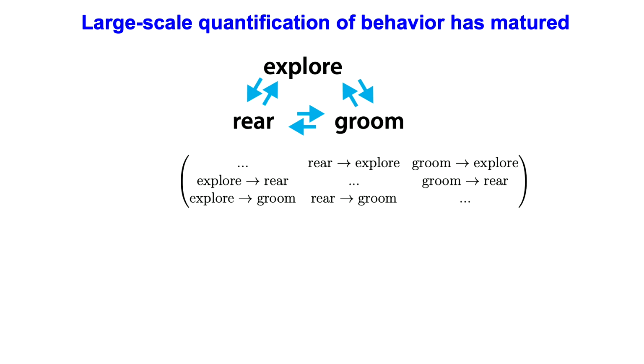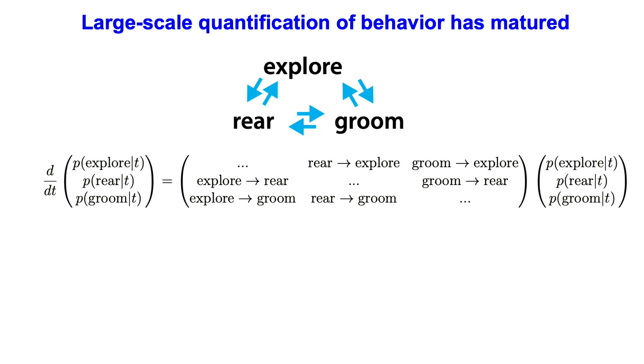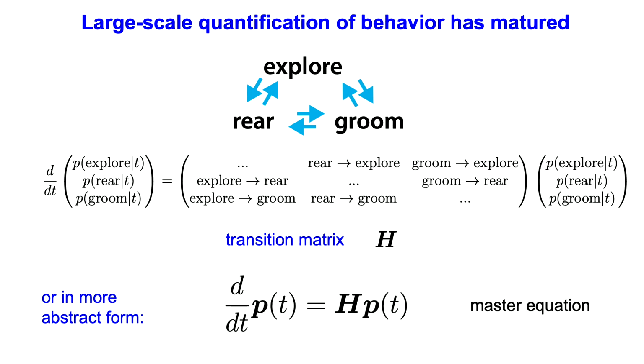You can collect these rates into a matrix, and the assumption of the Markov model is that the way your distribution of behaviors changes over time, the probability that you're rearing or grooming or exploring, is governed by this transition matrix. I'm going to call that H. And if you're a formal mathy person like me, you can collect this into what's called a master equation. It's a linear equation which tells you how the probability that you do any particular behavior changes over time.